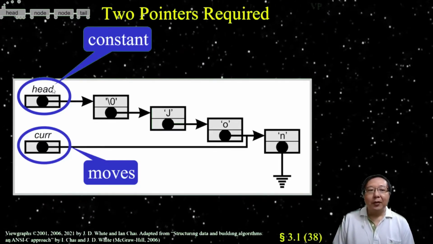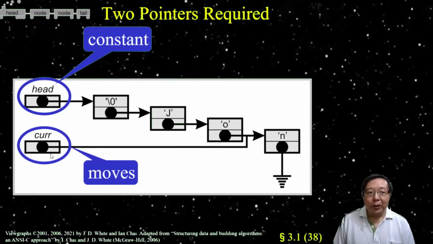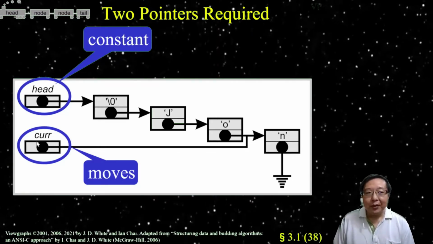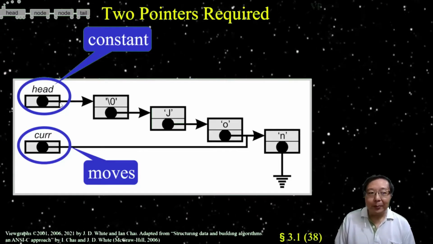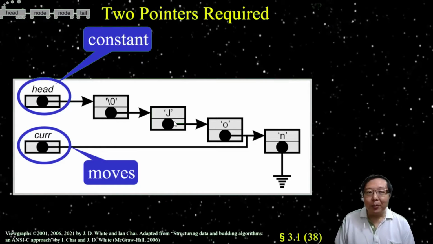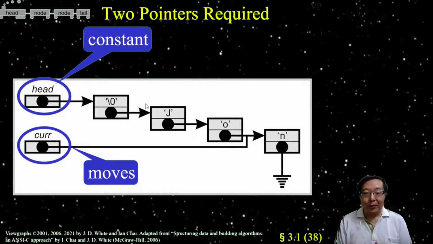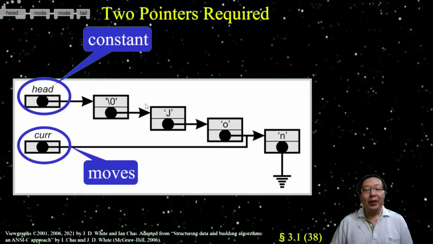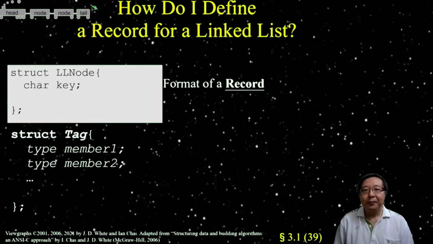So we don't lose track of the head. We use car to move. So the car moves, the head stays the same. And that way we never lose the head. Because if you didn't have car and you were moving the head, then you lose the earlier ones. Nobody's pointing to them, you can't get there anymore. That's why we need two pointers in this particular case.